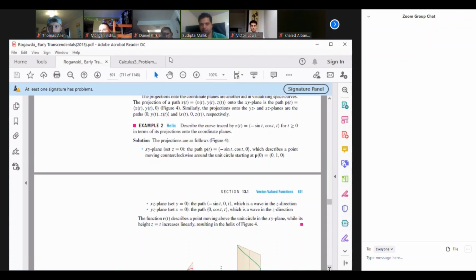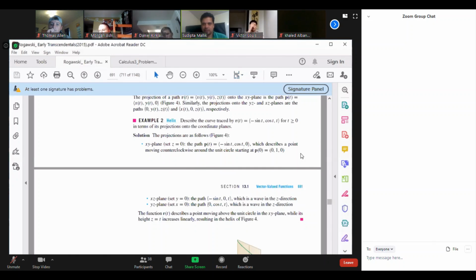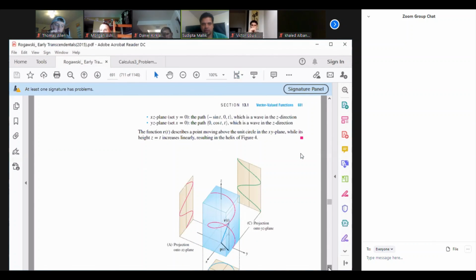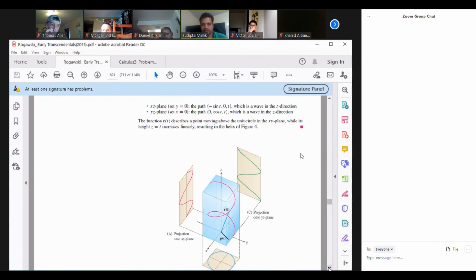For example, I did sine, cosine t, and this is negative sine, so it doesn't matter. Can you see it well? Look at this.